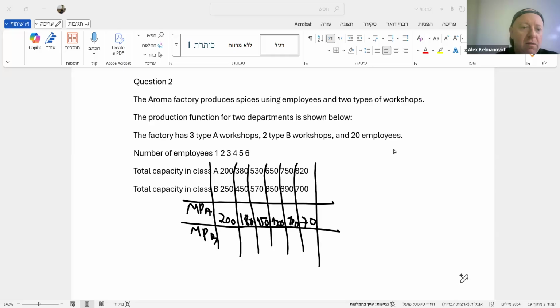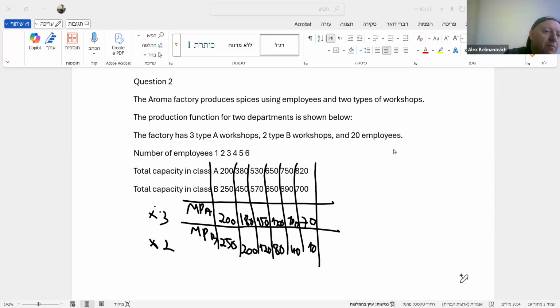And workshop B, we have 250, 200, 120, 80, 40, and 10. Okay? And we have 3 type A workshops and 2 type B. And we have 20 labors.